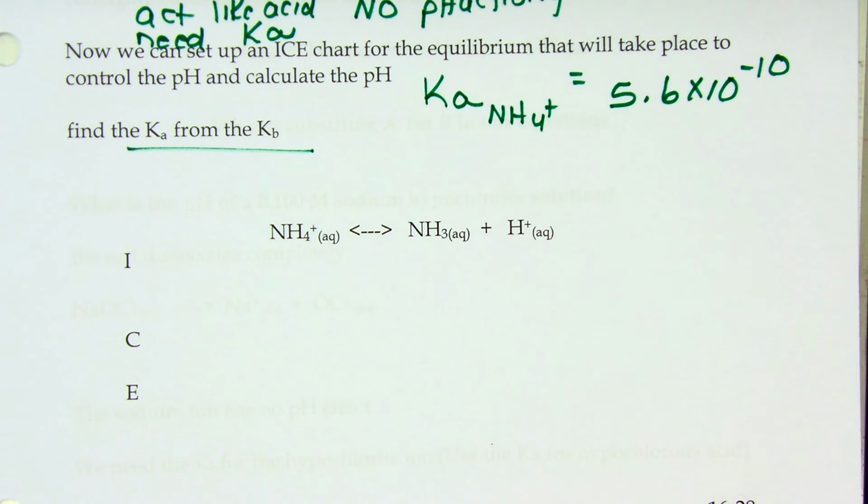But we had to figure out what goes in the ice chart, and you have to know what's in my beaker. Because for many of you, if we just said ammonium, that might make you think of ammonia. It would make you think it's basic, and it's not. It's acidic because it's ammonium.